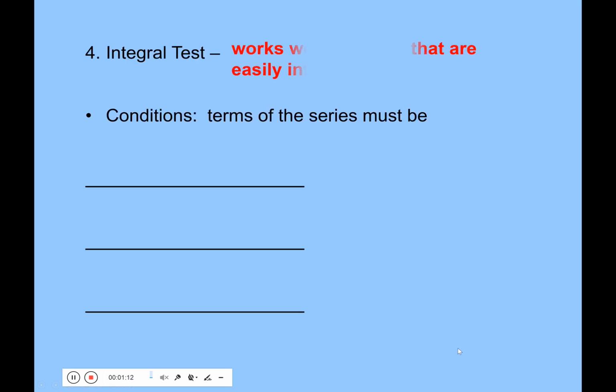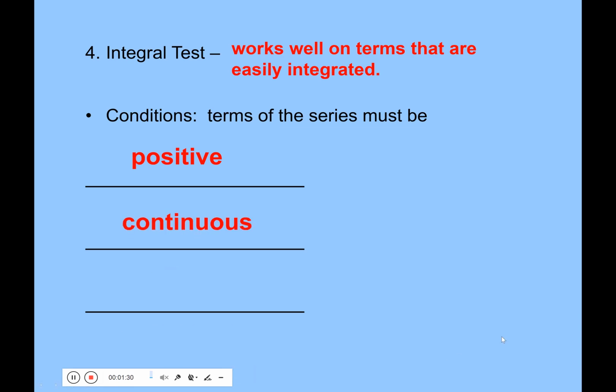So the integral test is one that would work well on terms that are easily integrated, obviously, because we're going to do some integration. There's a couple conditions for this test. Your series has to be positive, meaning all the values are going to be positive. It has to be continuous, so there can't be any breaks or holes in the graph of the function.